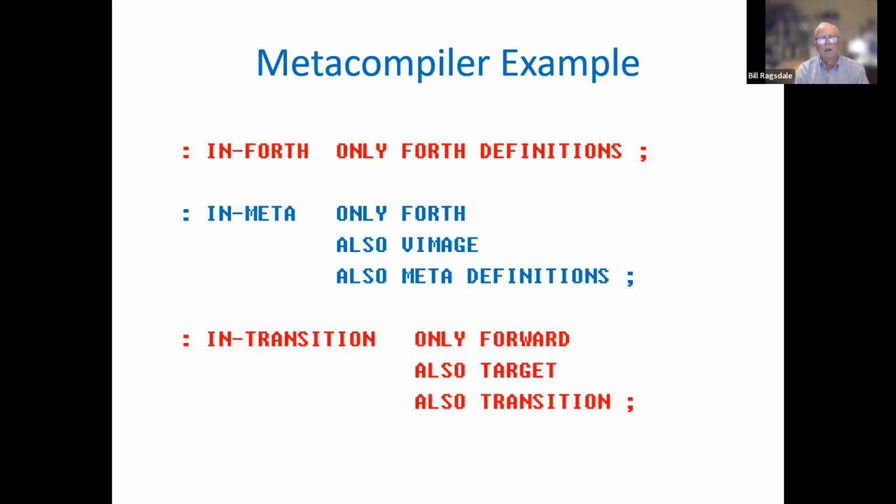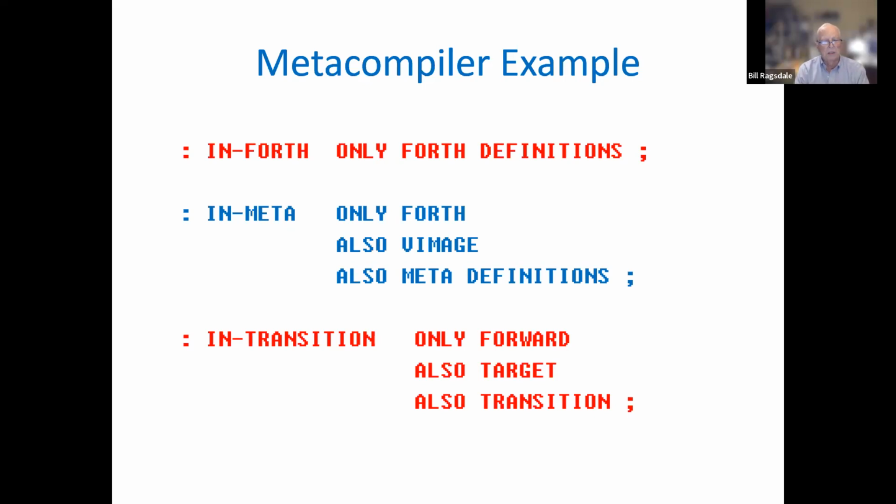It has only forth definitions. In a context situation called in meta, it has forth, v image or virtual image, and also meta. And meta is the vocabulary in which new definitions are being built. And meta is the tool words that control the metacompilation.